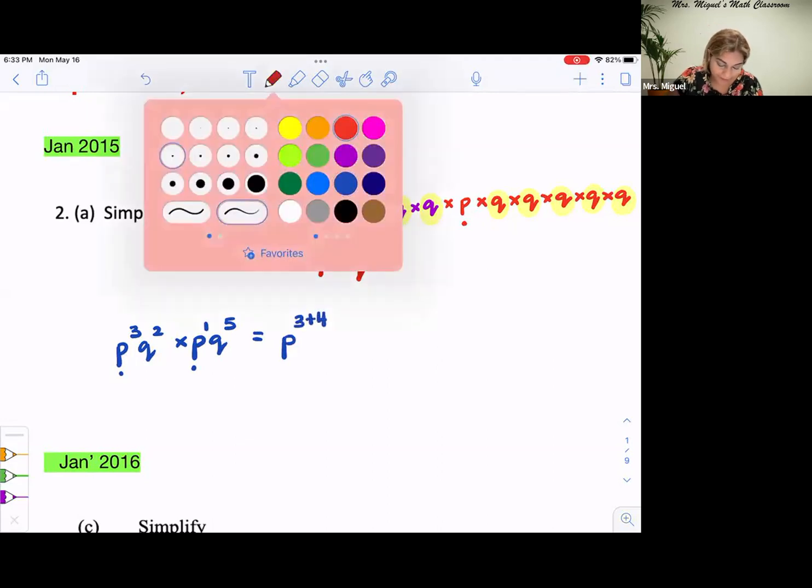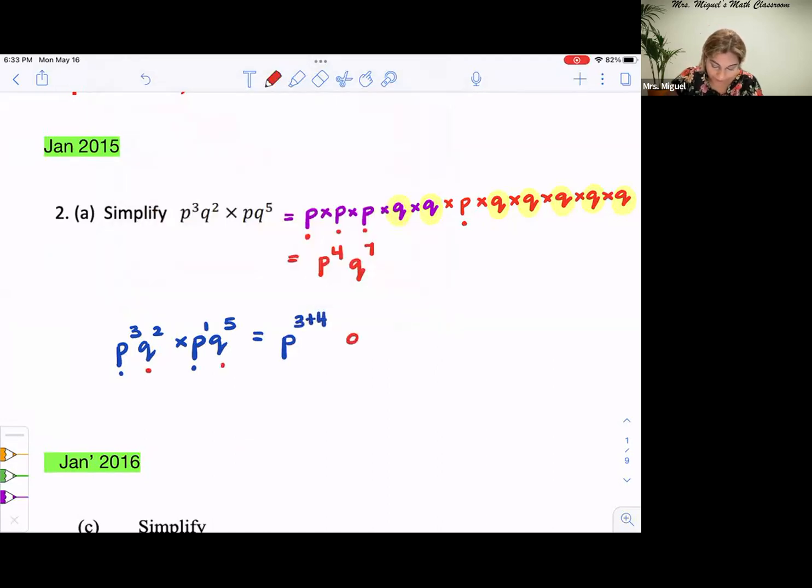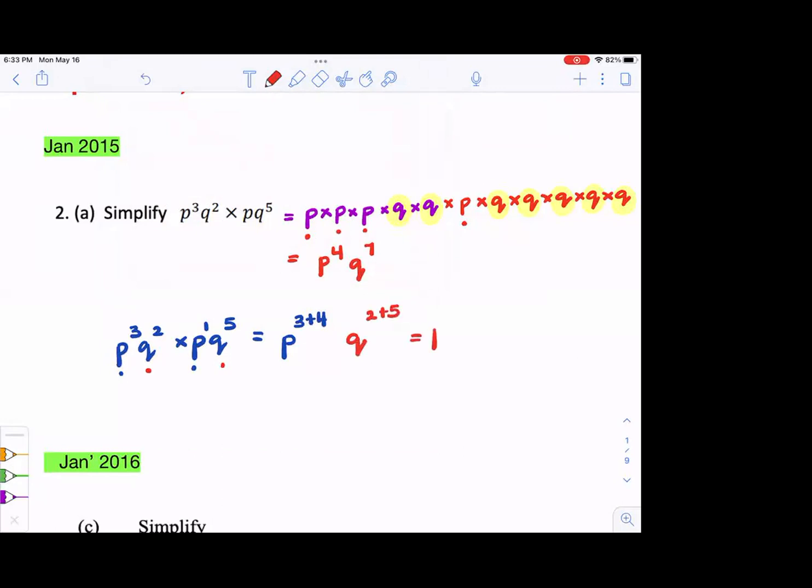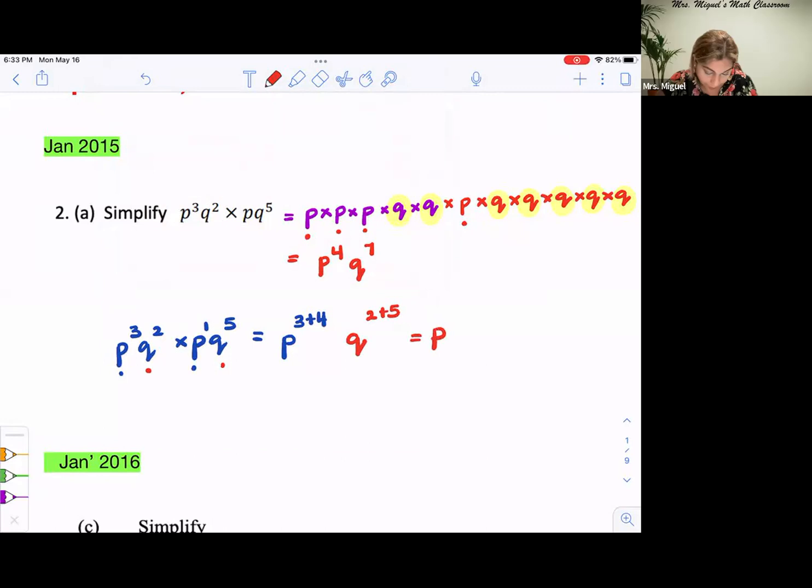And here the base is the same, q. I can add 2 plus 5. This will give me p to the power of 4, q to the power of 7.